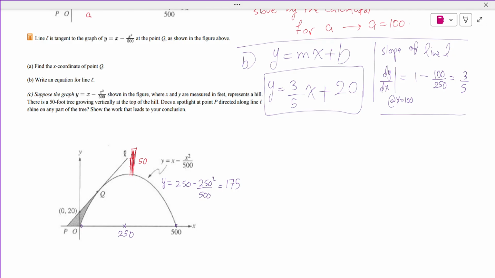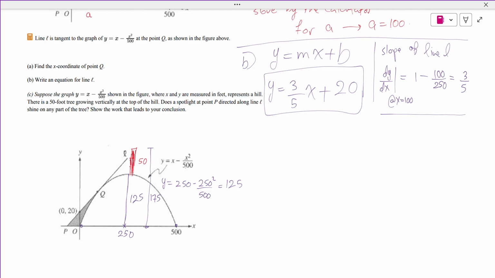Let me double check. 125, sorry, 125. So this height is 125 and the tree is 50, so the total height here is 175. I added the 125 and 50.